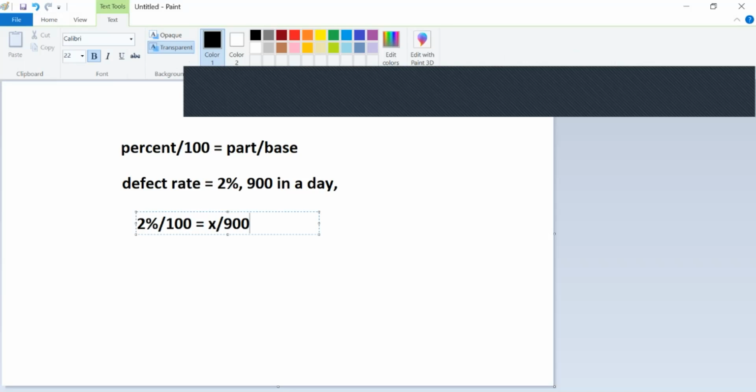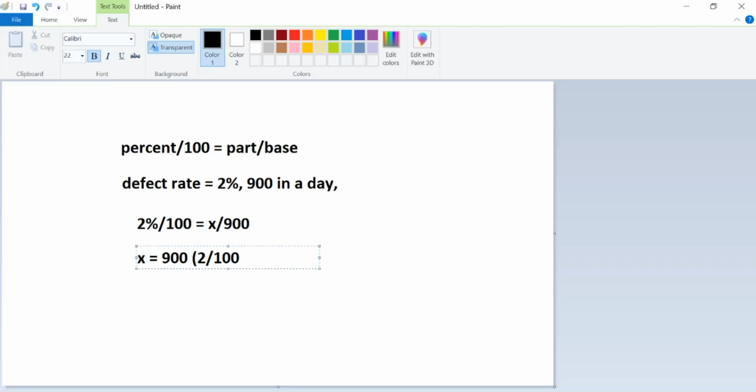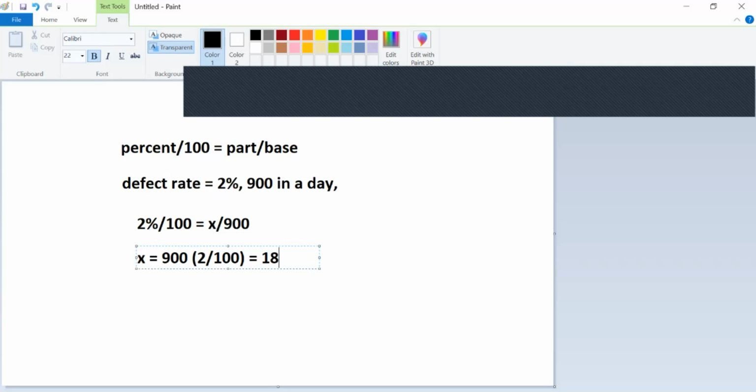And so we're just solving for X. I'm going to take the 900 and move it on top. It's going to be 900 times 2 divided by 100. And that's going to be 18.